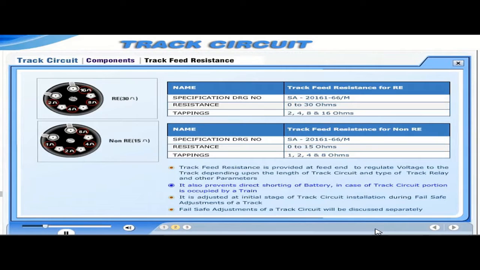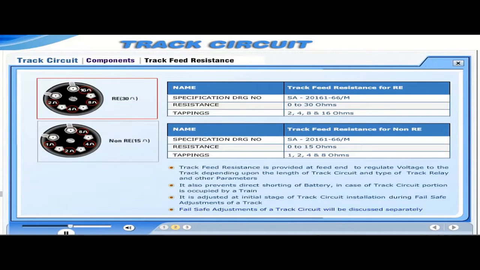It also prevents direct shorting of the battery in case the track circuit portion is occupied by a train. It is adjusted at the initial stage of track circuit installation during fail-safe adjustments of a track circuit. Fail-safe adjustments of a track circuit will be discussed separately.